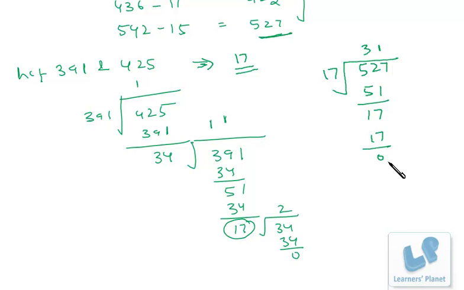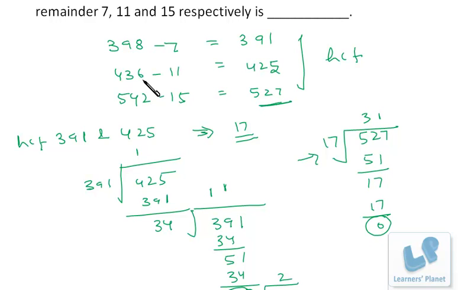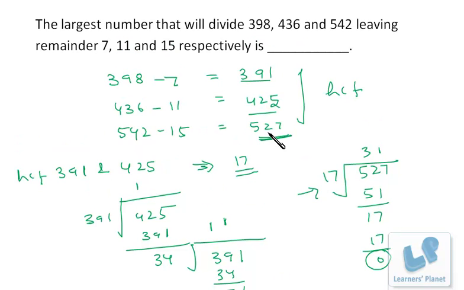So in the very first step we are getting the remainder as 0. That means 17 is the HCF of 17 and 527. In the previous case 17 was the HCF of 391 and 425. So in all the cases 17 is the HCF of the three numbers, that is 391, 425 and 527, right? So we are looking for the unknown value, and that unknown value is nothing but 17. Okay, so the answer is 17 over here, right?